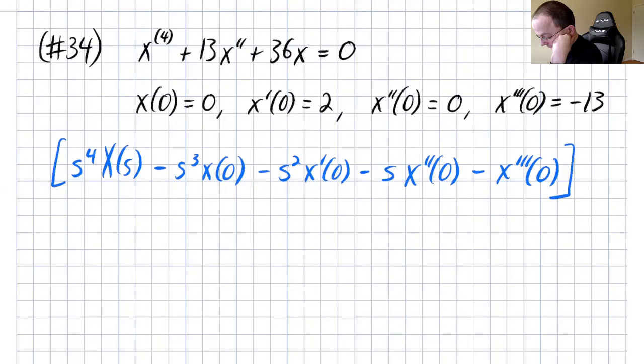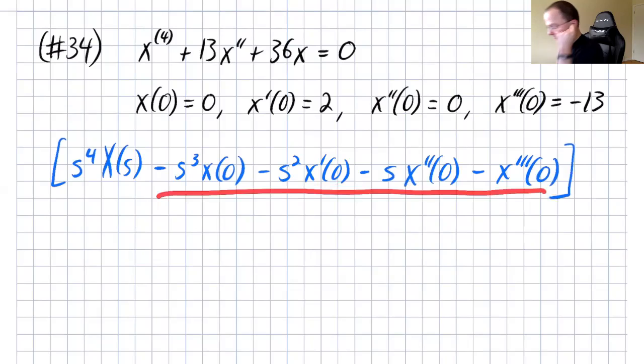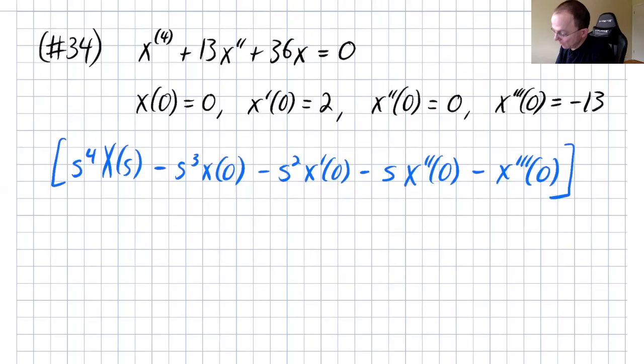Okay, so the s starts out with s to the 4th, and then it just goes down each time. So s to the 4th, s cubed, s squared, s, and then finally 1. And on the other hand, these x of 0 terms, they go up. So starting with x of 0, then x prime, x double prime, x triple prime. So that's how to remember that expression there.